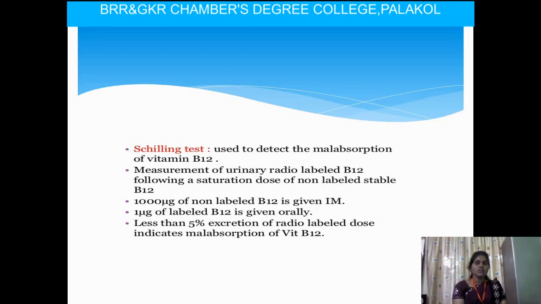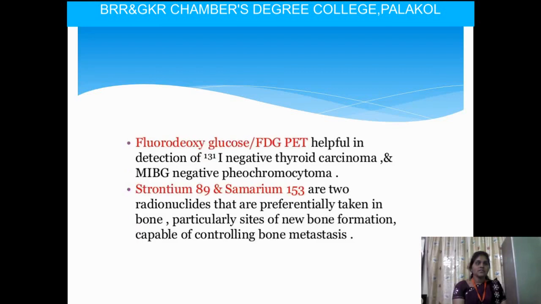Here we use 1000 μg of non-labeled B12 and 1 μg of labeled B12, given orally. Less than 5% excretion of the radiolabeled dose indicates malabsorption of B12. That is called the Schilling test.